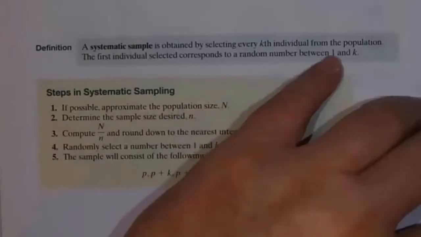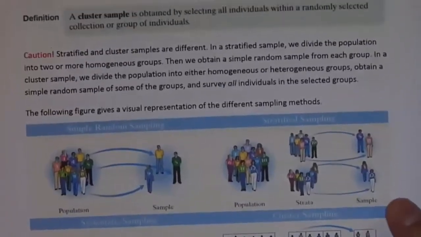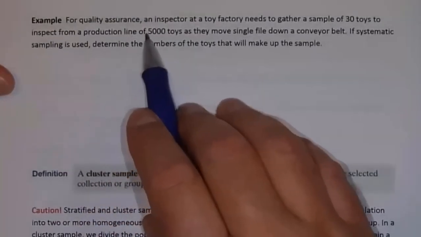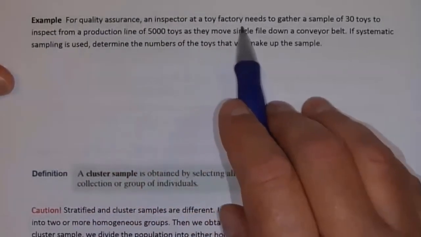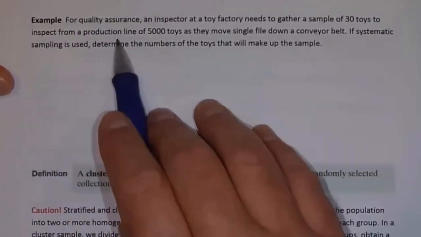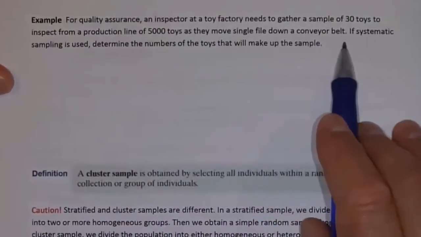So let's look at an example to try to help that sink in a little bit. For quality assurance, an inspector at a toy factory needs to gather a sample of 30 toys to inspect from a production line of 5,000 toys as they move single file down a conveyor belt.